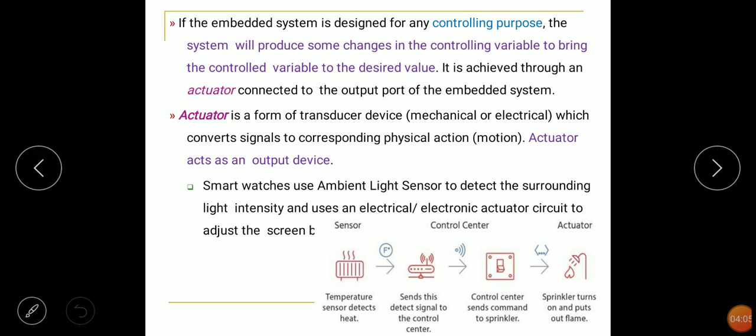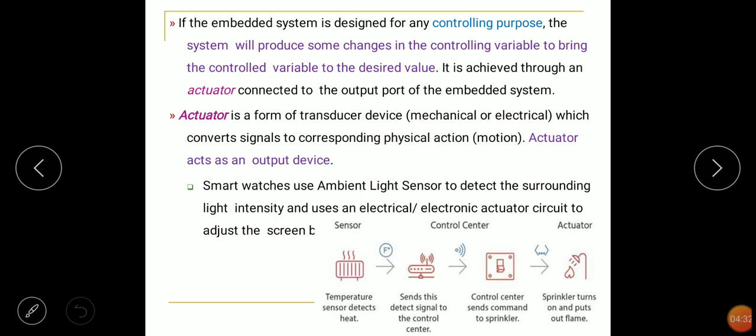Next, if the embedded system is designed for any controlling purpose, remember, any controlling purpose, suppose you are using it for controlling any real world application, an actuator is needed. The system produces some changes in the controlling variable to bring the control variable to the desired value.